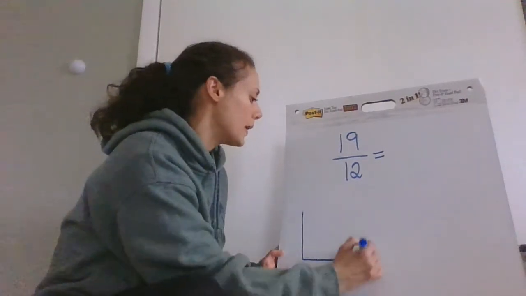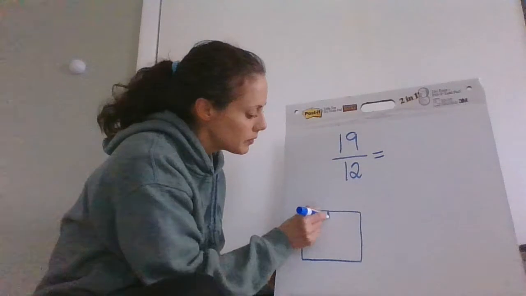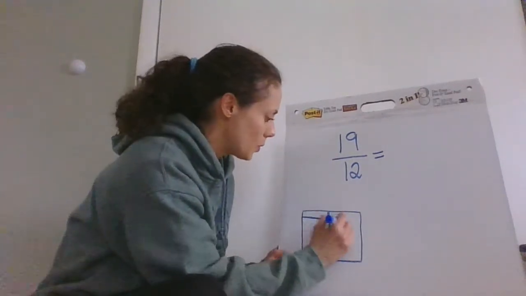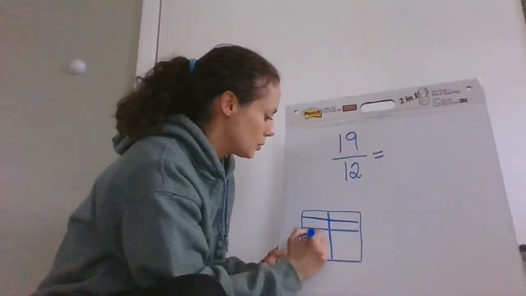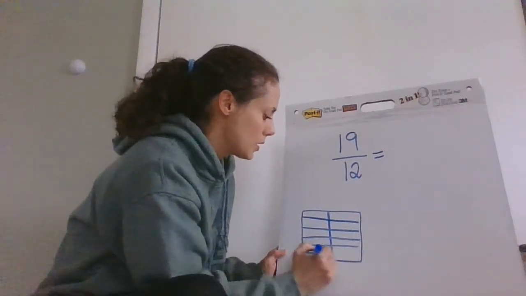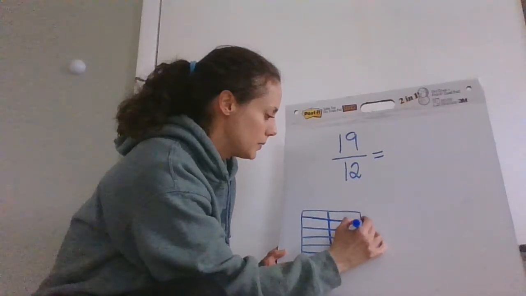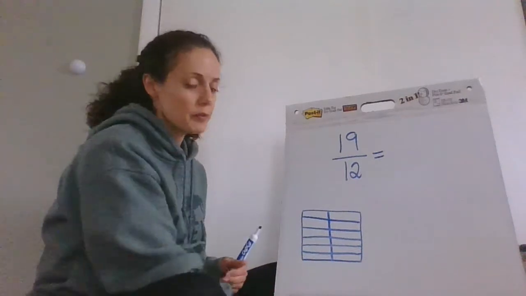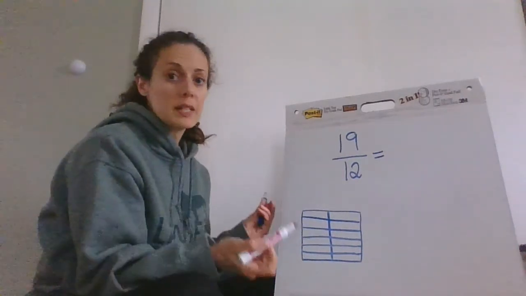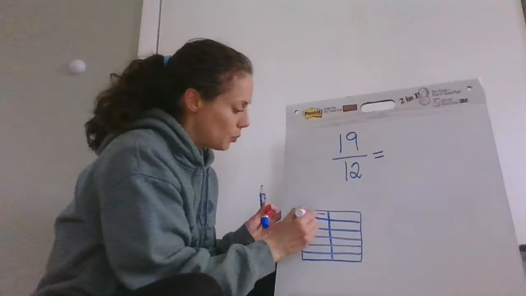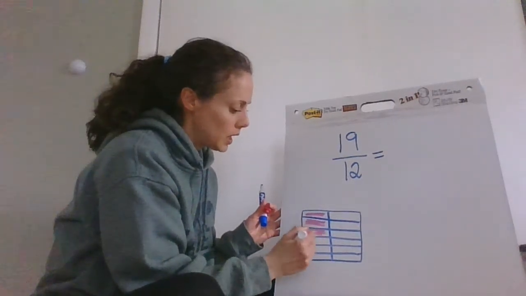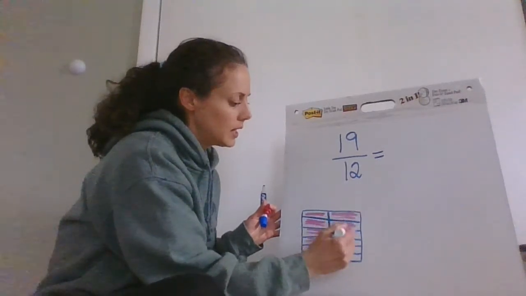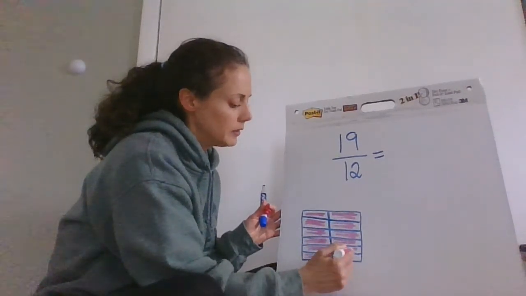So here we go. I have this here that I'm going to cut into 12 equal parts. 1, 2, 3, 4, 5, right? And I cut it into 12 equal parts because the denominator is 12. So now I'm going to shade them in until I get up to 19. 1, 2, 3, 4, 5, 6, 7, 8, 9, 10, 11, 12.